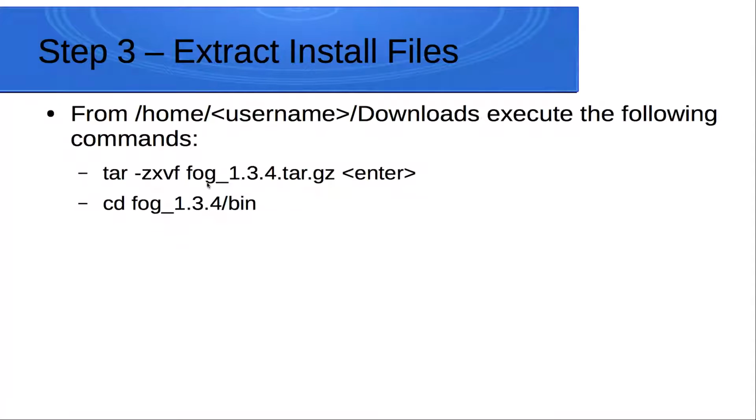If you just type in fog and hit tab, it will complete this for you. You hit enter. Once that's done extracting, you type cd fog, hit tab again, selecting only the one that ends with the 4, and then /bin, and that'll get us where we need to launch the installer.